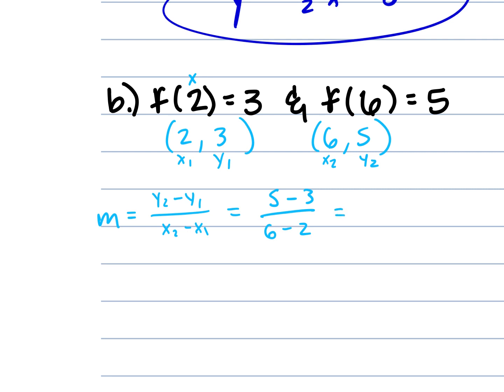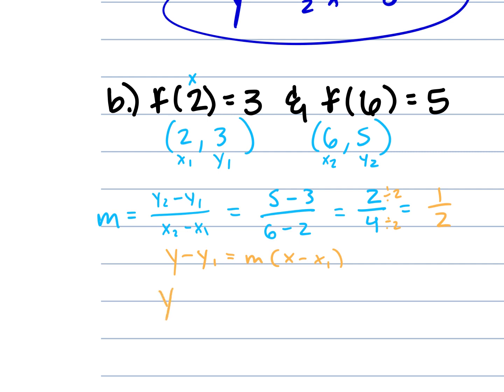5 minus 3 is 2, and 6 minus 2? 4. Can I simplify 2 over 4? Awesome. Divide them both by 2, so it'd be 1 over 2. So I'm going to plug that in to my point slope form. So y minus y1 is equal to m times x minus x1.